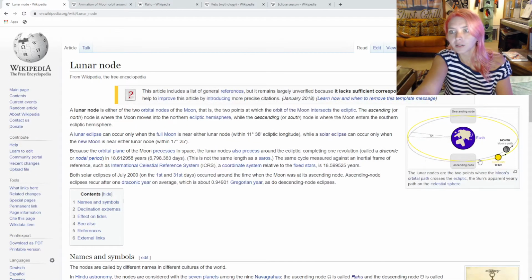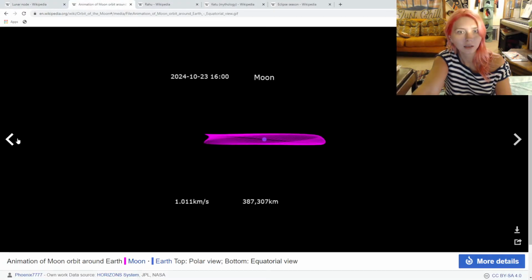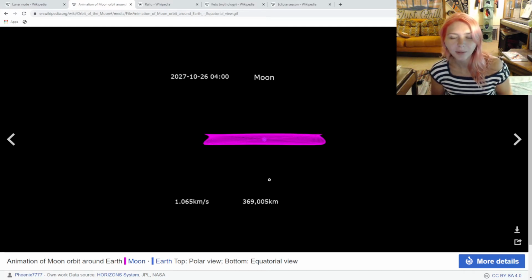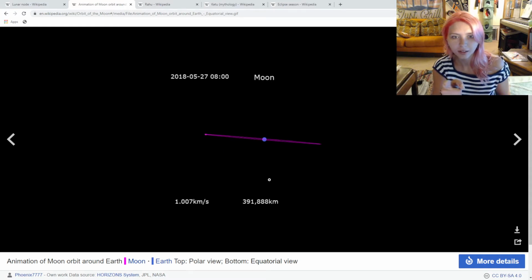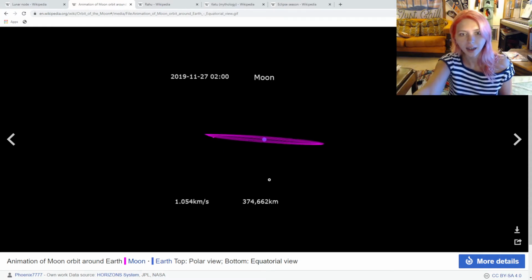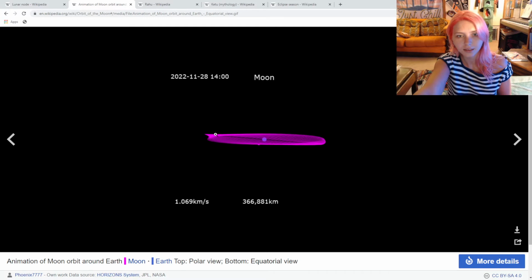So here you see kind of what I was talking about. This is obviously not to scale, but there's this cool animation you can see here of the moon's path. It's obviously sped up, but that's what the moon's path ends up looking like. You see it starting there, starts on this tilt, and then it has this wobble. Over time, it doesn't stay along the same path. And since the Earth is also tilted on an axis, and we're all over different parts of the Earth, that means it's going to be different distances at different points in time.